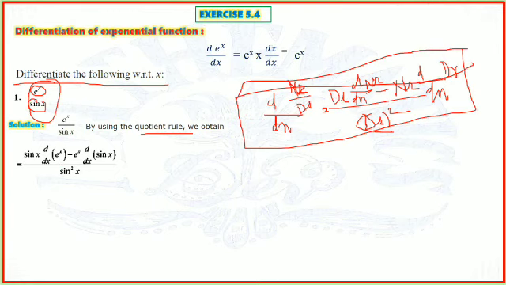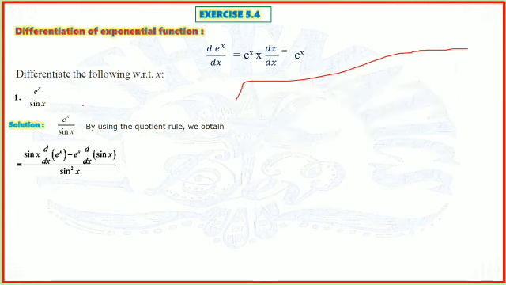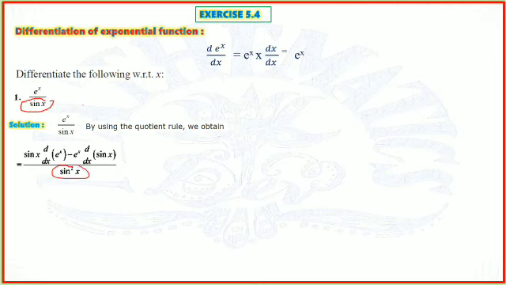So look here, the denominator is this sine x. So we have sine square x, the square of the denominator. Then here it is denominator into derivative of numerator. The numerator is exponential x. Then minus exponential x into the derivative of sine x.